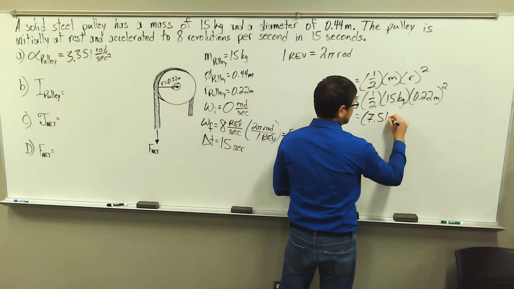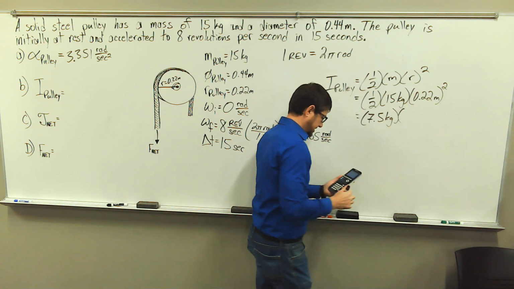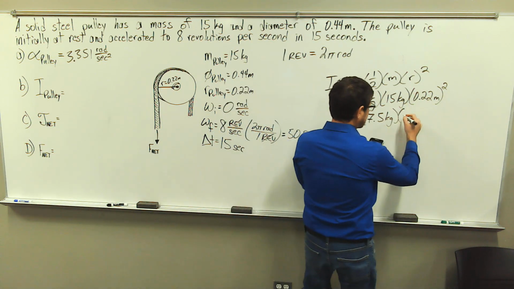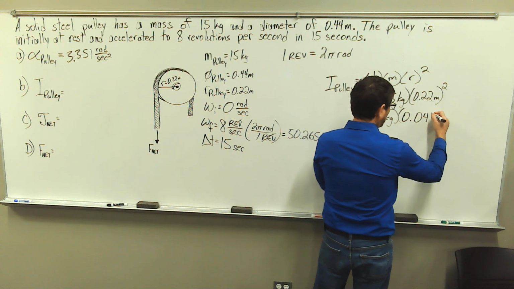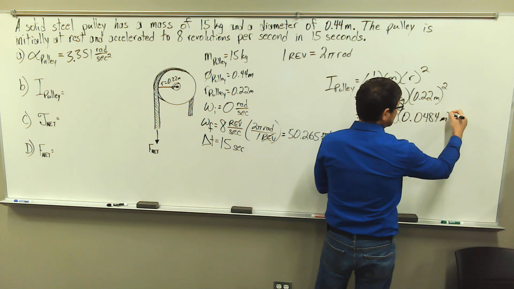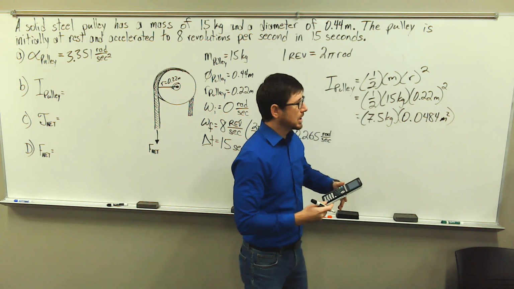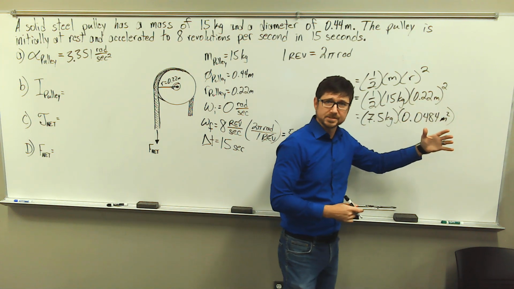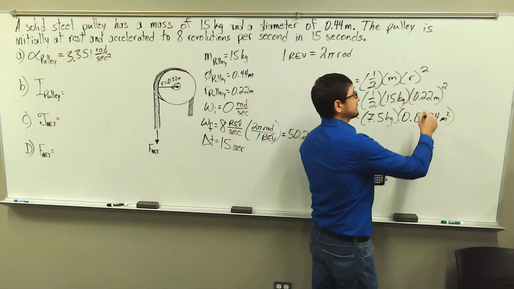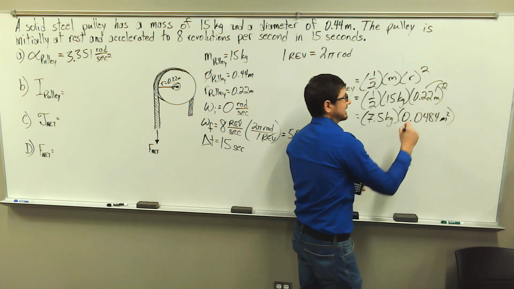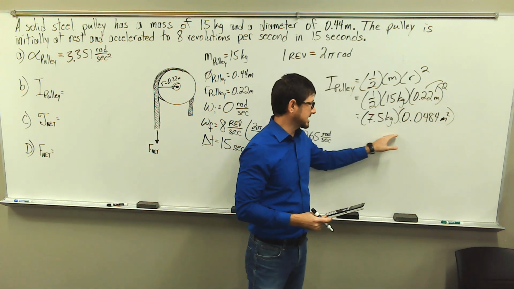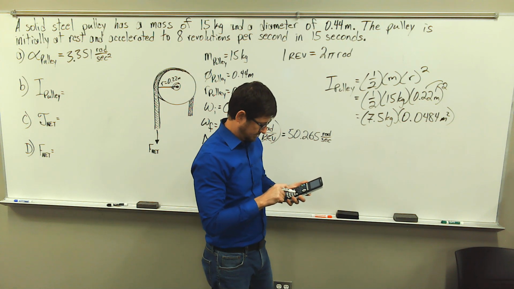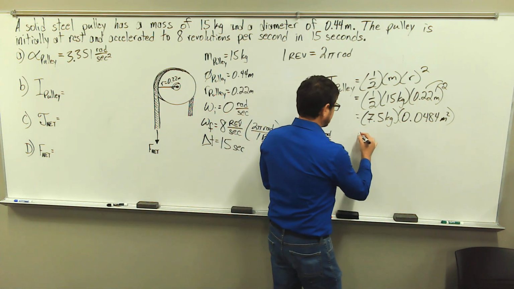So 7.5 kilograms times 0.22 squared is going to give me 0.0484, and we have units of meters squared. Remember, not only do we have to square the numerical value, we also have to square the unit value. So we're squaring that and that. Now let's take the product of these two values here.